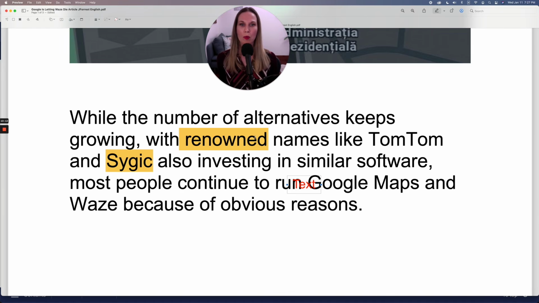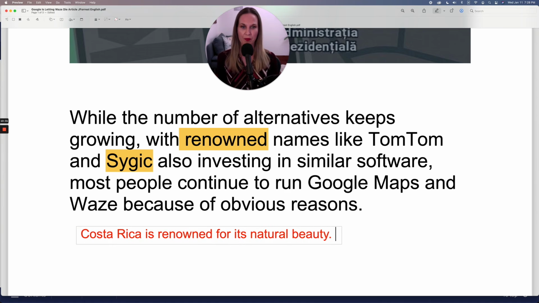So for example, we often use this with people, companies, places. So because I mentioned Costa Rica before, I could say Costa Rica is renowned for its natural beauty. There are a lot of beautiful waterfalls, volcanoes, rainforests in Costa Rica.